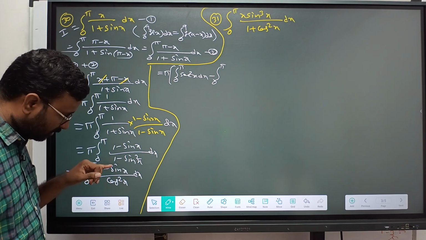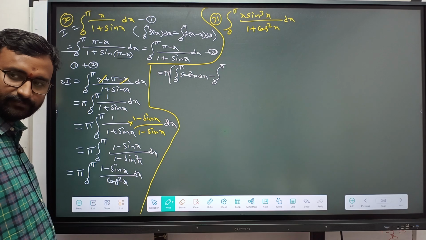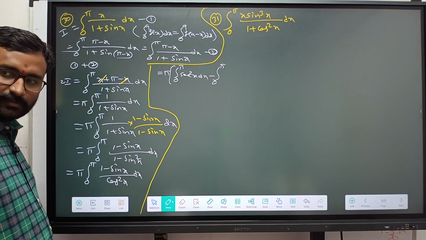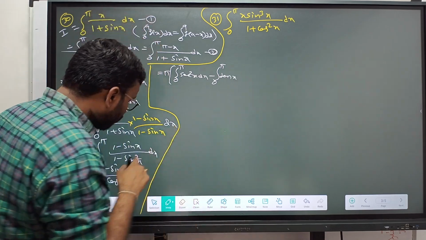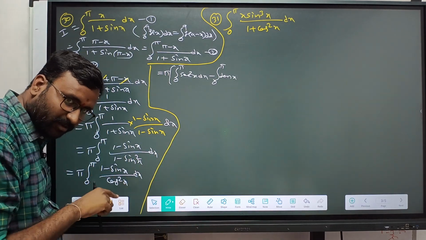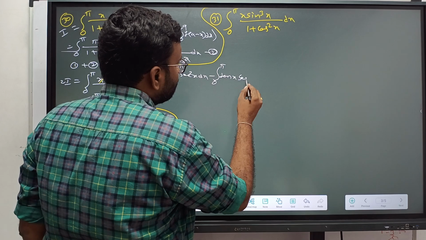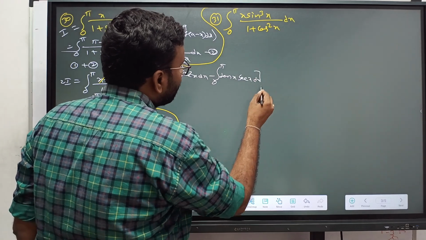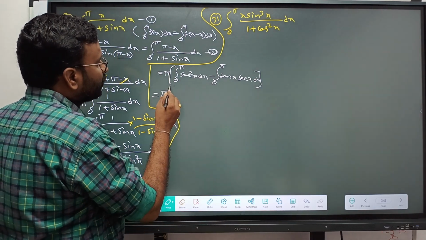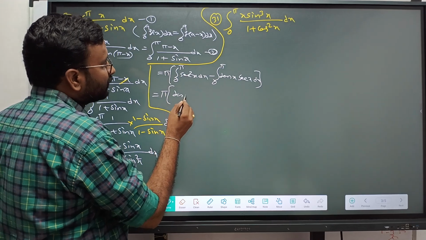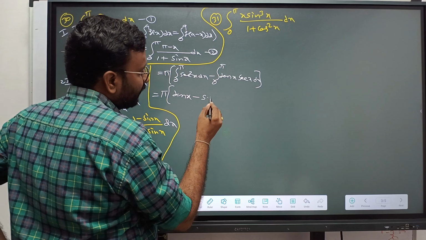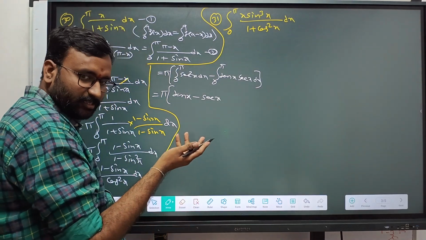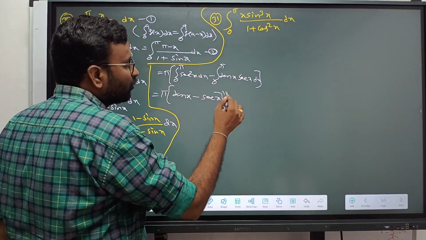First take one cos x: sin x by cos x is tan x, and one more cos x is left in the denominator, 1 by cos x is secant x, into dx. So it is pi into integral of secant square x, which is tan x, minus integral of tan x secant x, which is secant x. Limits 0 to pi.